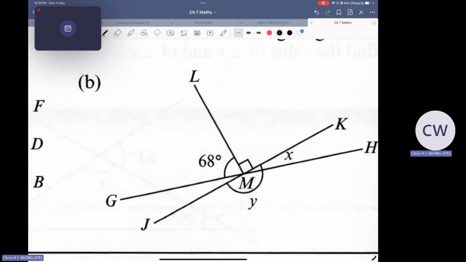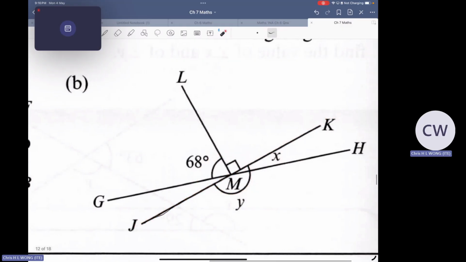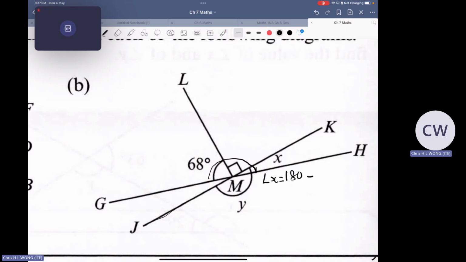From here you can't find anything, right? Because there's no starting point, so you can only start from here. So to find x, angle x is equal to, if you go from here to here, angle on a straight line, so it will be 180 degrees minus what?